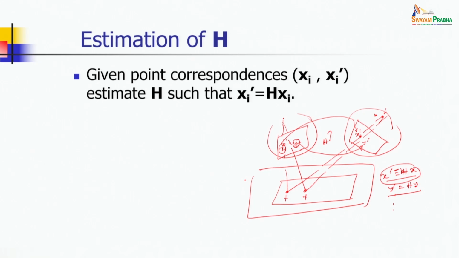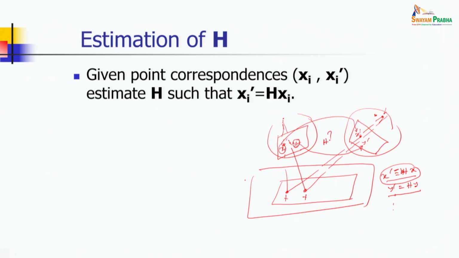Since there are two equations from each point correspondence, and since there are 8 degrees of freedom of H, one of the elements you take as a scale and set to some value, and then you have to determine only 8 coefficients with respect to that element.